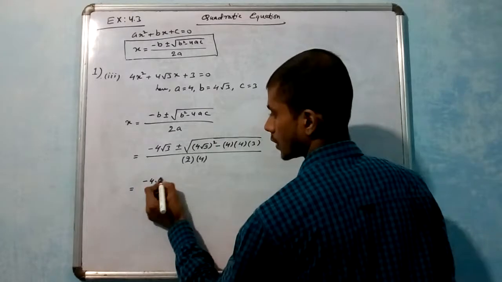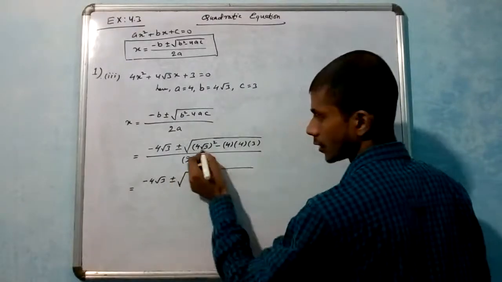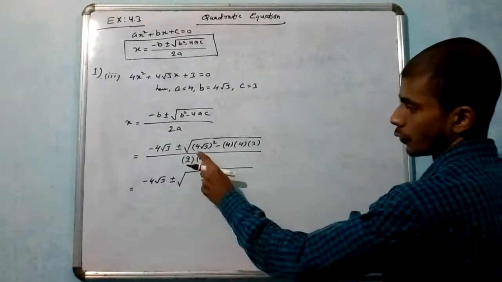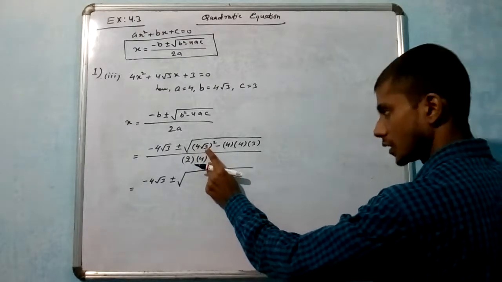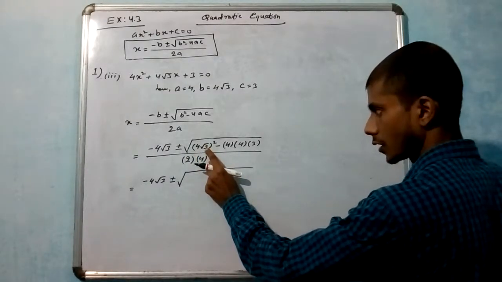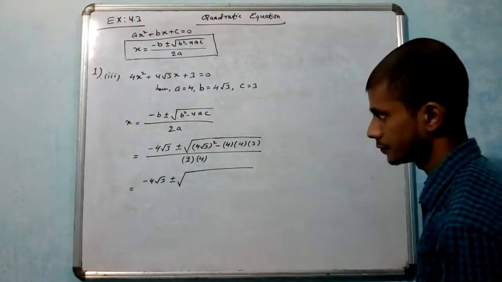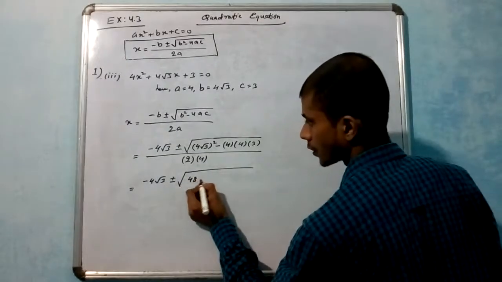So minus 4 root 3 plus minus square root of 4 root 3 square, how much? 4 4s are 16, and root 3 into root 3 is 3. Clear? And 16 into 3 is 48.